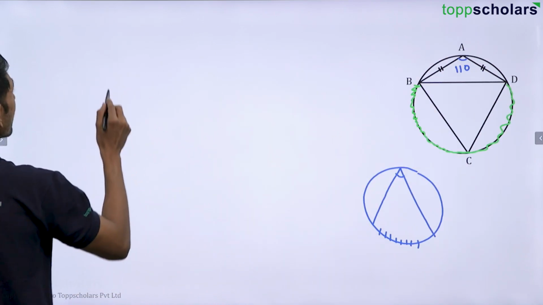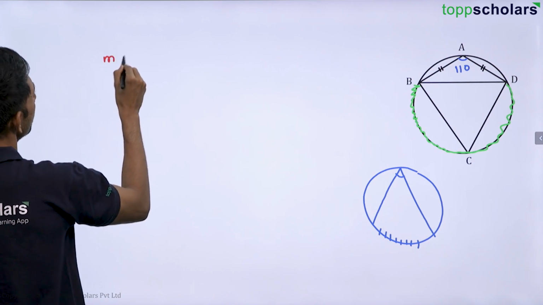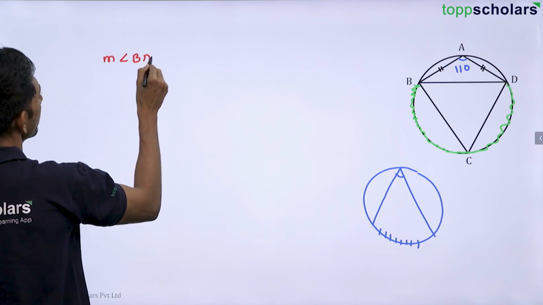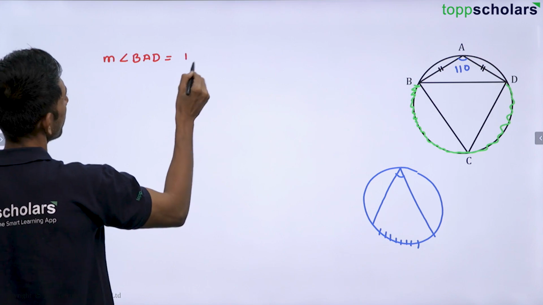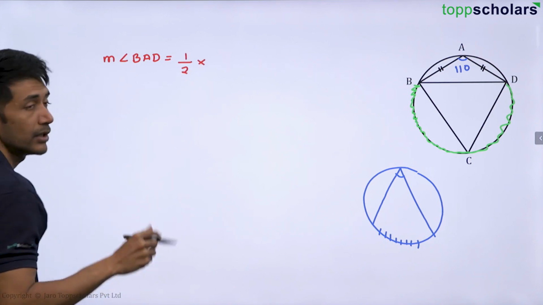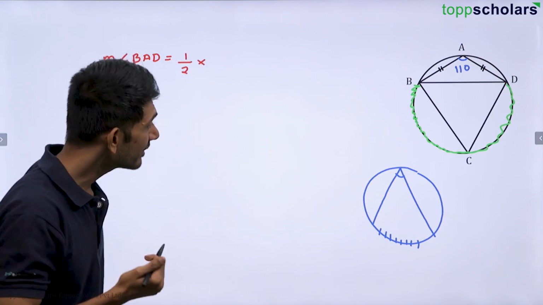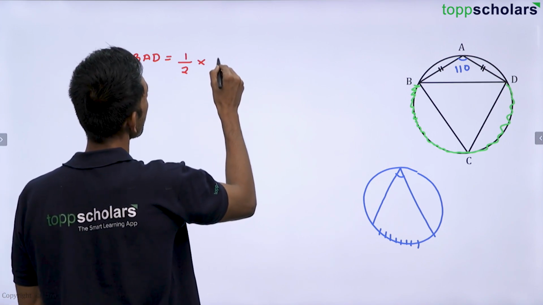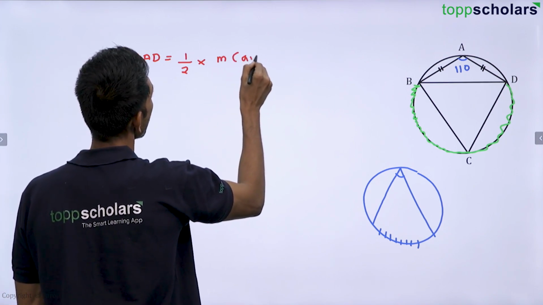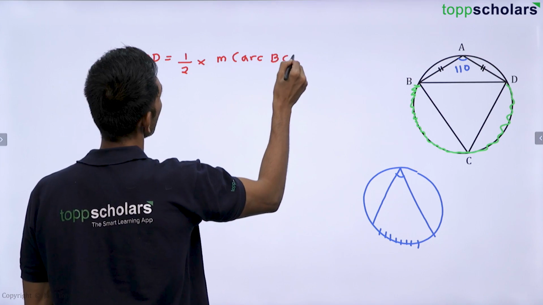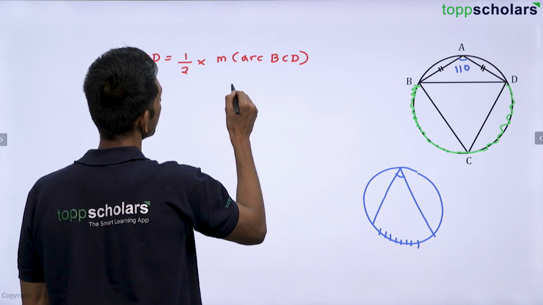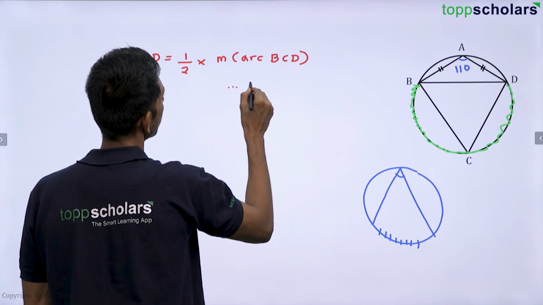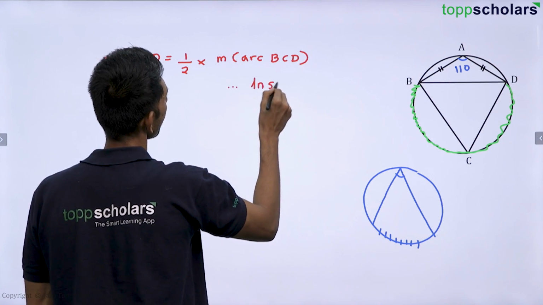I can say that measure of angle BAD is half of measure of arc BDC or BCD. This is because of inscribed angle theorem.